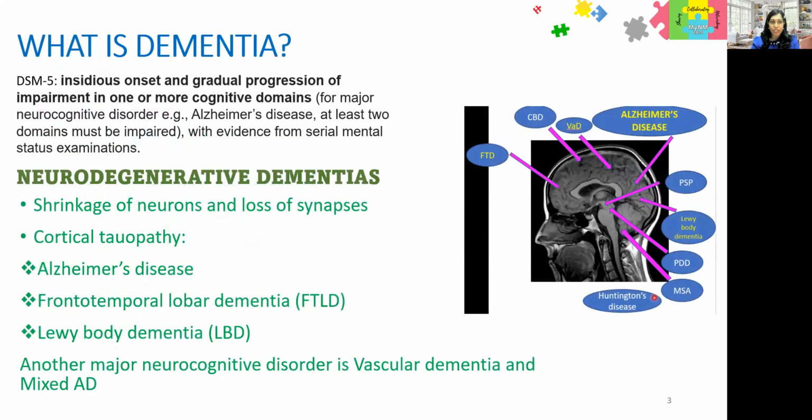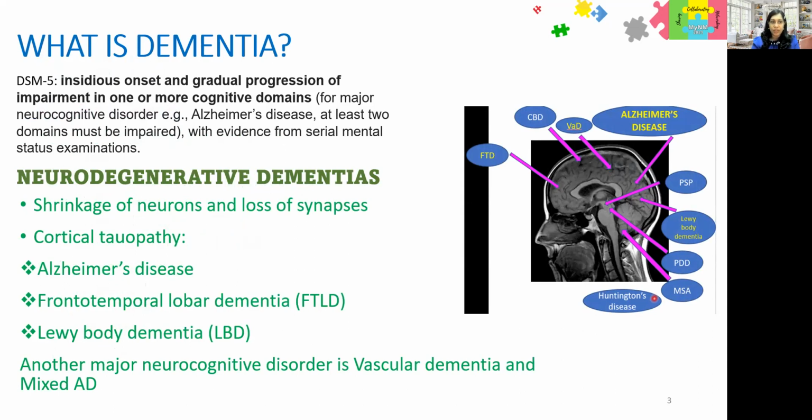So what is dementia? Dementia is an insidious onset and gradual progression of impairment in one or more cognitive domains. For major neurocognitive disorders such as Alzheimer's disease, there should be at least two domains that are impaired, along with evidence from serial mental status examinations.